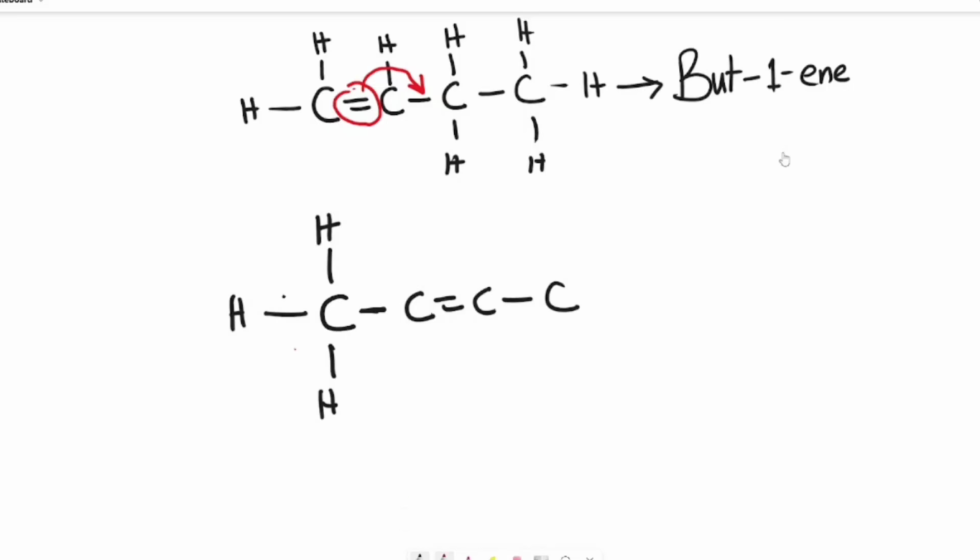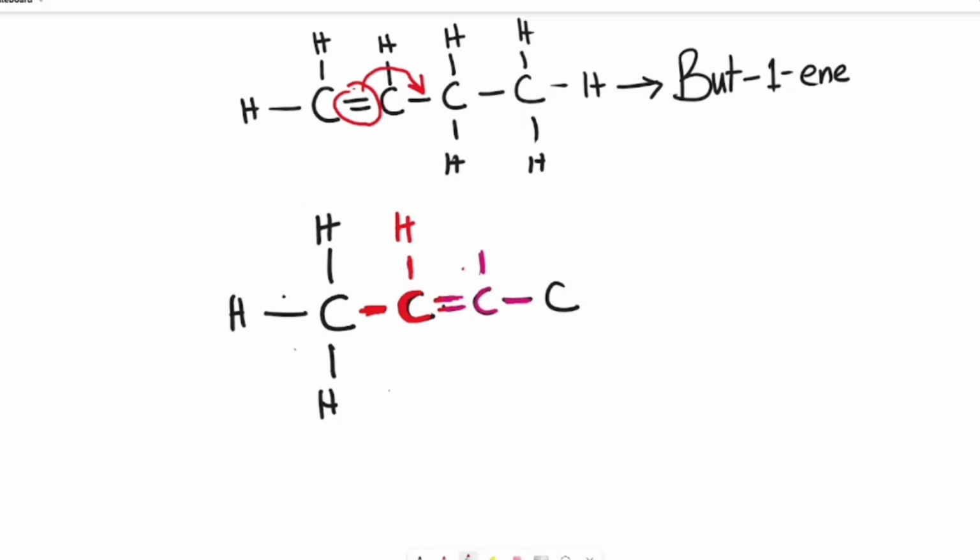For the second carbon, we have what? 1, a carbon, 2, 3, and then we have 4. So this is our second hydrogen. Now for the third one, we have 1, 2, 3, 4.